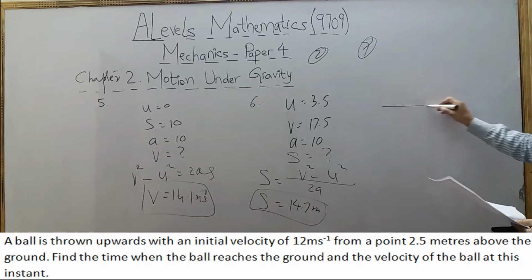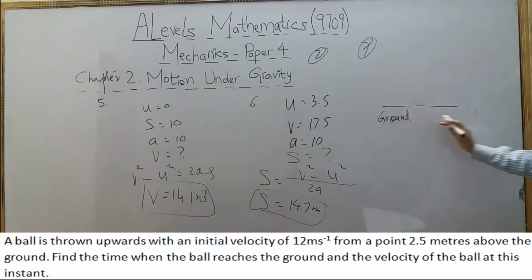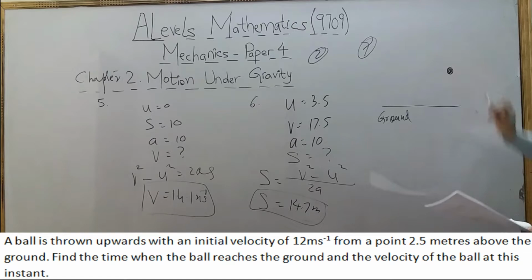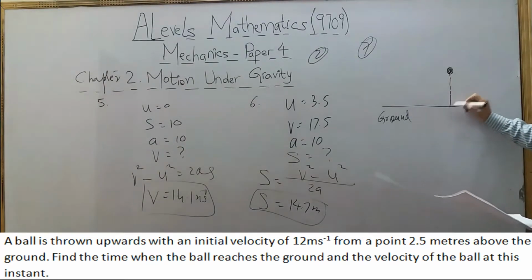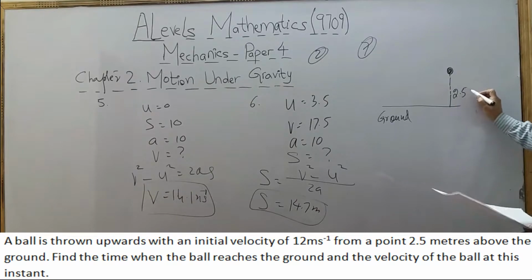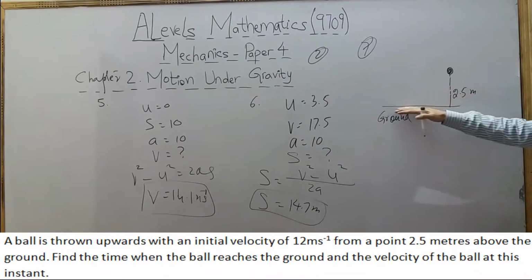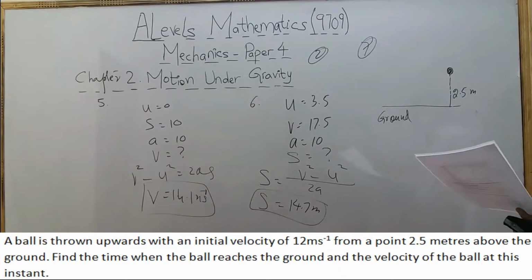Now suppose this is ground level. So it is thrown somewhere here, which is 2.5 meters. This height is 2.5 meters. This is ground level. The ball is not thrown from ground level, but from 2.5 meters above the ground.